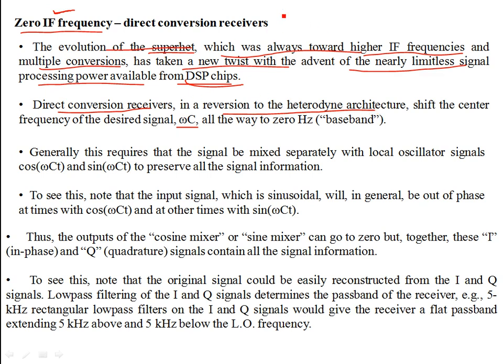Why? Because you're going to mix the modulated signal with the same carrier frequency that it was modulated at, and you're going to bring it down to DC. So these are homodyne. You don't need hetero frequencies, same frequency. And shift the center frequency of the desired signal omega c all the way down to zero.